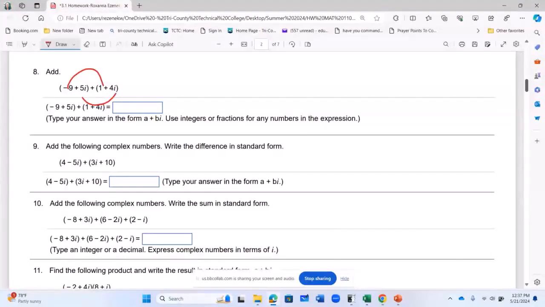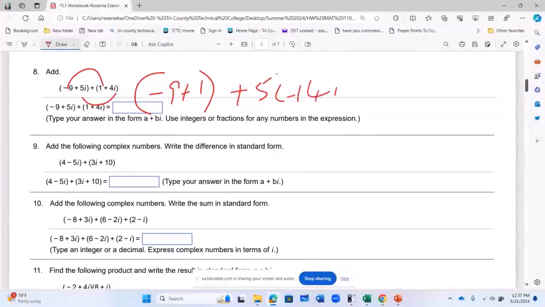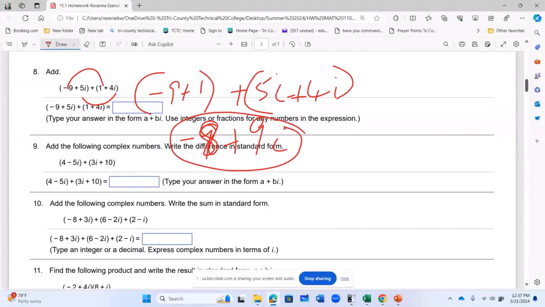If I do that, I have -9 plus 1, and then I have 5i plus 4i. Actually, I have -8 plus 9i because I added. So written in standard form, I have -8 plus 9i.